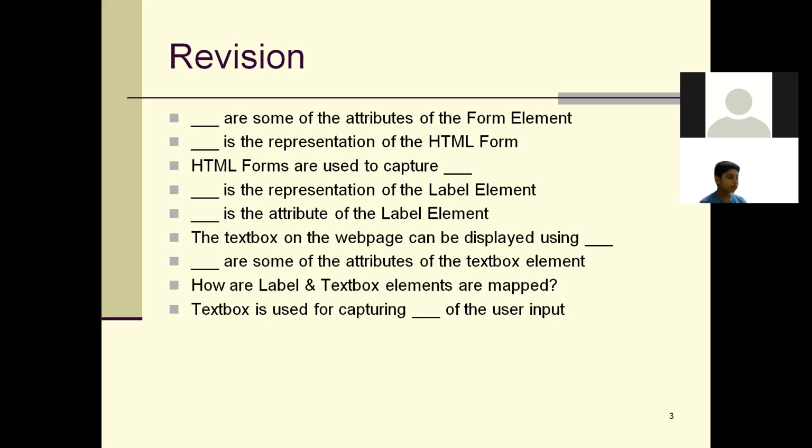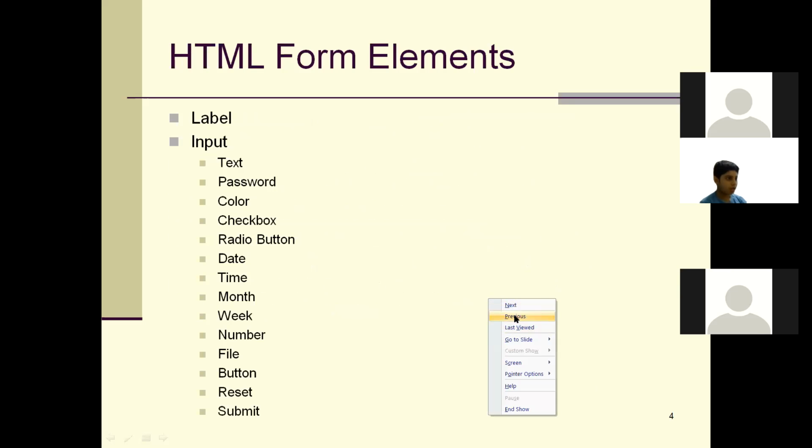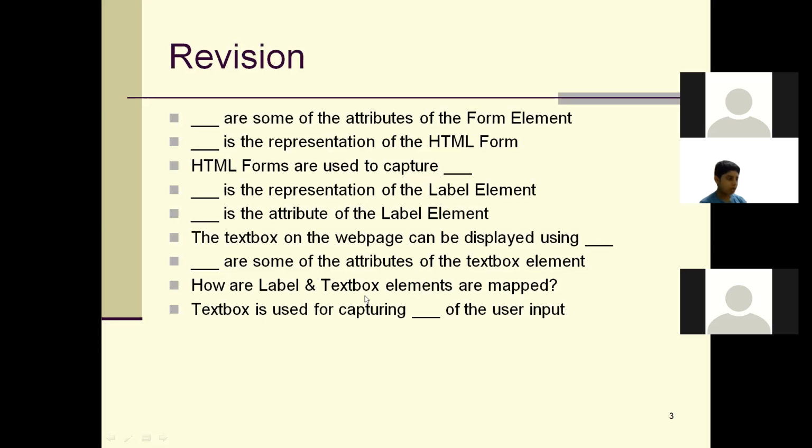The next one is some of the attributes of the text box element. So I'll pass it to Devanshi. Can it be file, time, date? No, not that one. I'm talking about the attributes of text box.